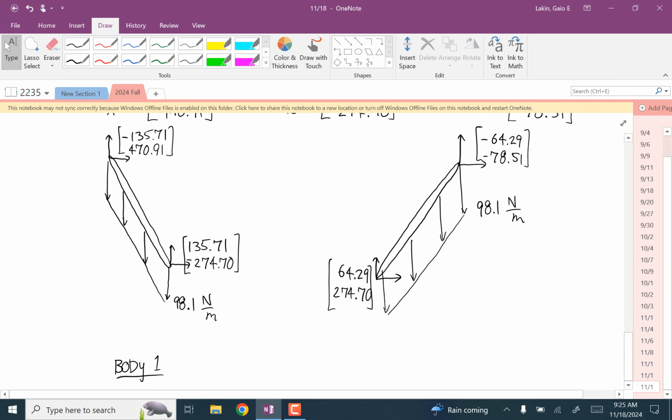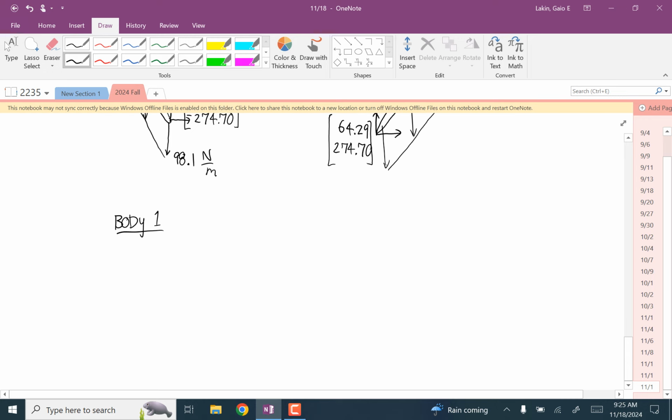Okay, so what rotation do we use? If we're going from this to this, what's that theta that we're going to use? -70. Exactly, yep.